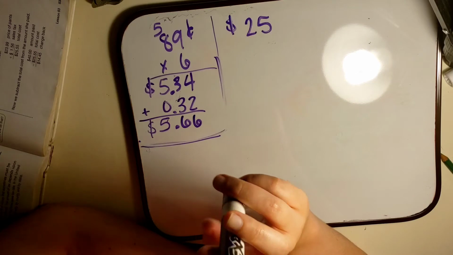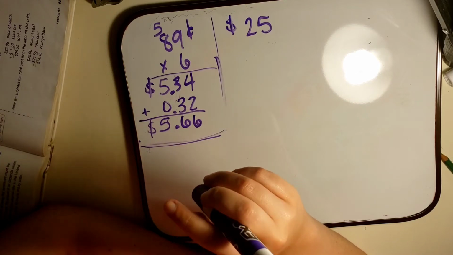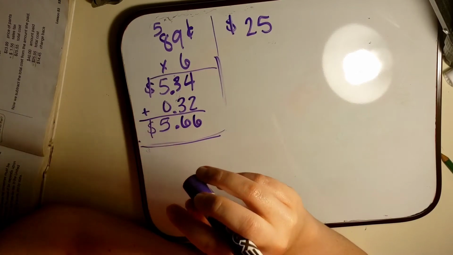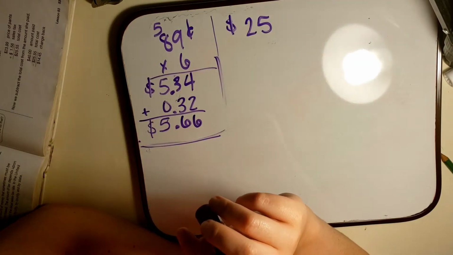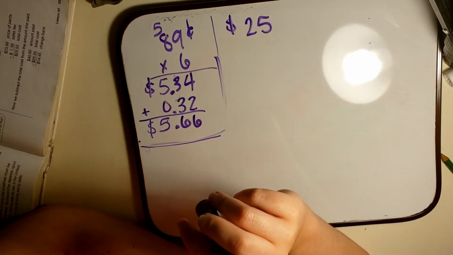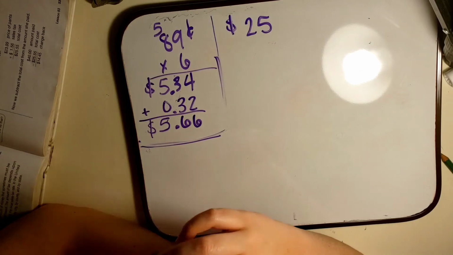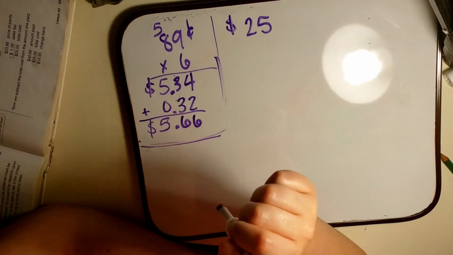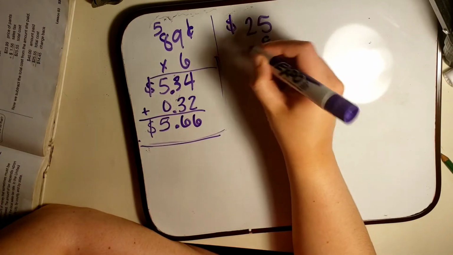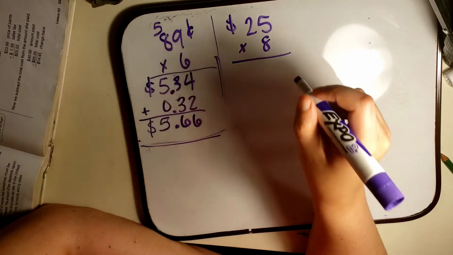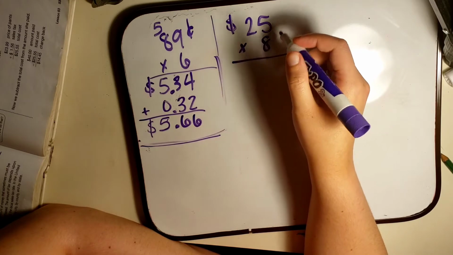Now, we've talked about miles per hour and rate. And every time it's rate or something per something, that means we are going to, anyone? Multiply. That is correct, multiply. So we're just going to multiply 25 times 8. 8 times 5 is 40.